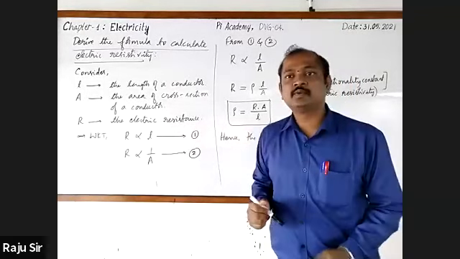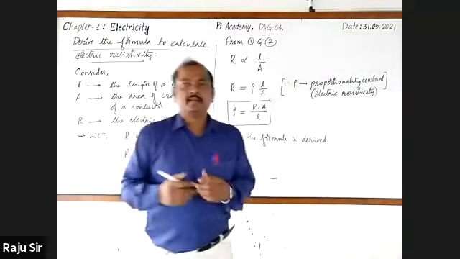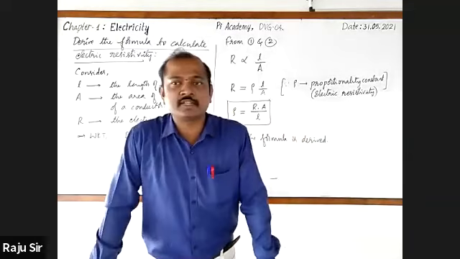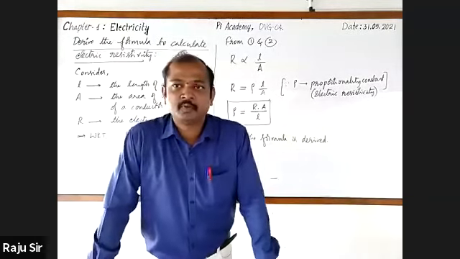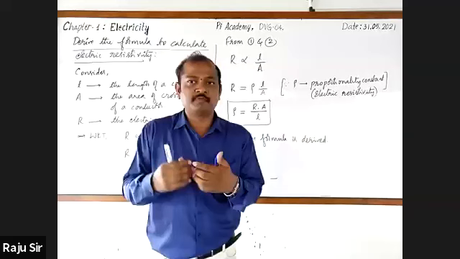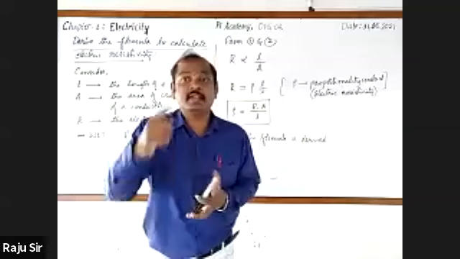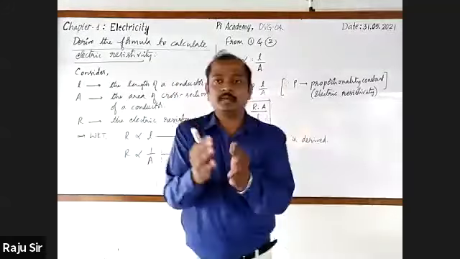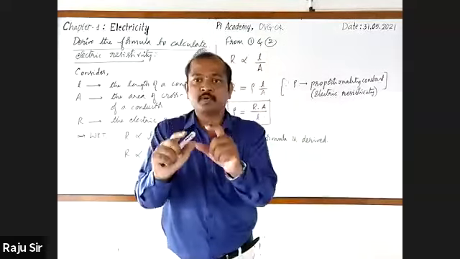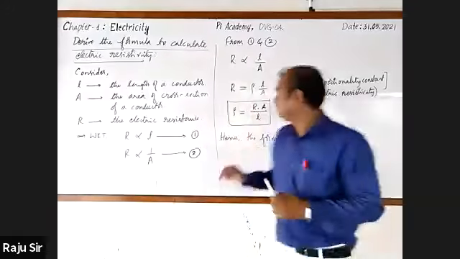Dear students, could you tell how do you find the area of cross section of the conductor? Would you like to recall any geometrical figure? Cylinder, sir. Circle. Very good.